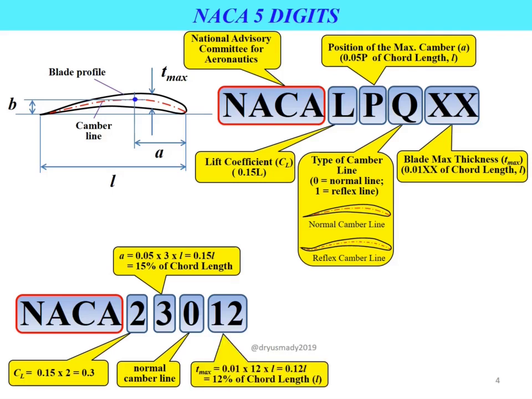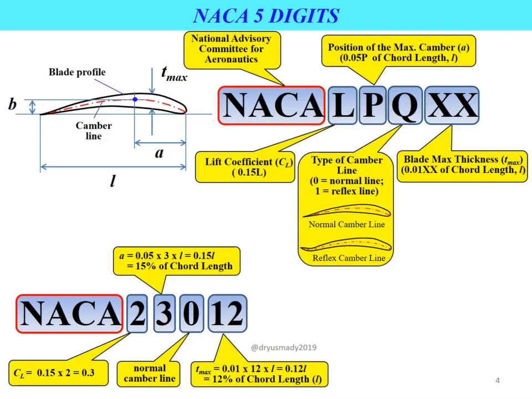The last term for this NACA 5-digit code is the value for XX code, which is now equal to 12. From this value, we can determine the profile thickness, where T equals 0.01 times XX code value 12 times chord length distance. So now T equals 0.12 L, which is 12% of chord length.